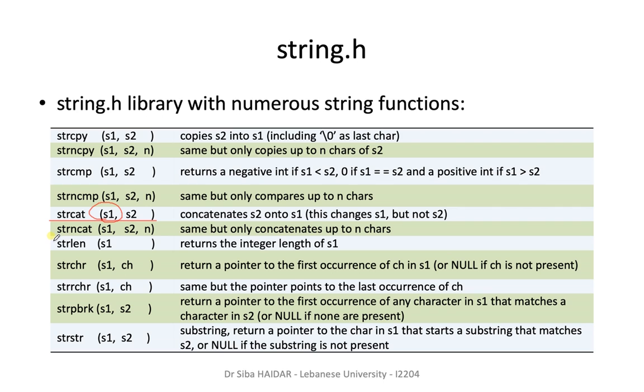Then there are strncat and strlen. strchr returns a pointer to the first occurrence of the character ch given as a second parameter in s1, or null if ch is not present. strrchr does the same, but the pointer points to the last occurrence, not to the first one. strpbrk returns a pointer to the first occurrence of any character in S1 that matches a character in S2.